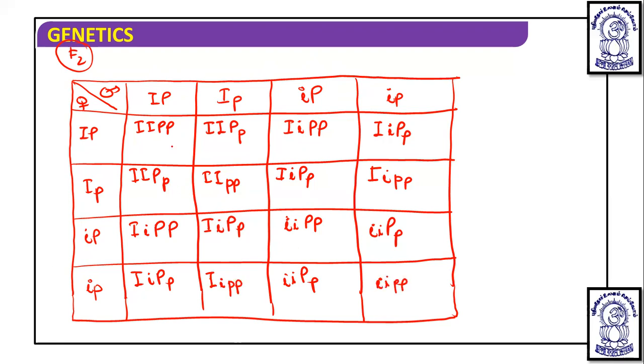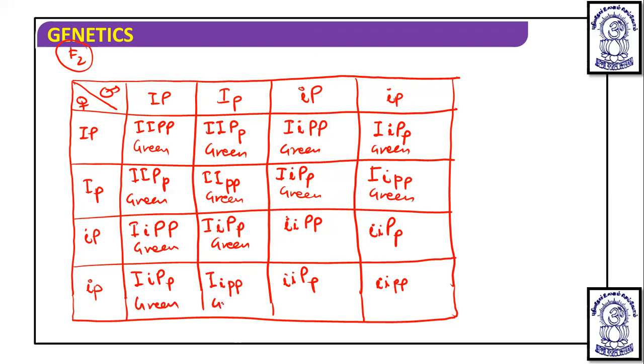See, here I is an inhibitor to all, so that is going to be green. Wherever the gene capital I is present, you will write green. And where the small i is there, capital P is able to produce its purple color.